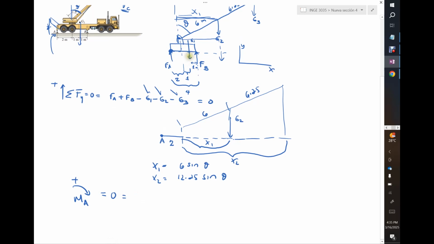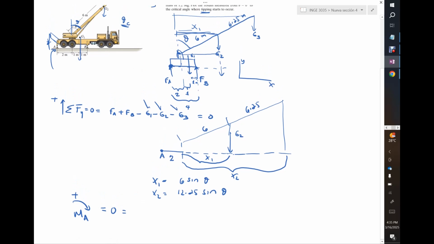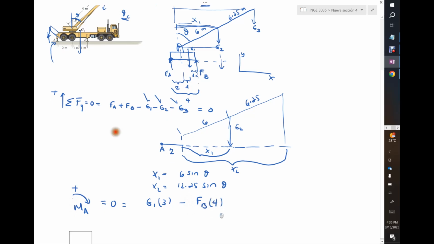So let's see what we have here. G1 times the important distance, that would be 2 plus 1, that would be 3 meters, and it's going in the positive direction. How about FB? FB is going the opposite direction, counterclockwise, so that would be FB times 4. I don't know what FB is.